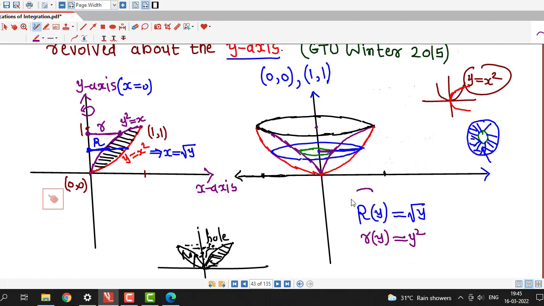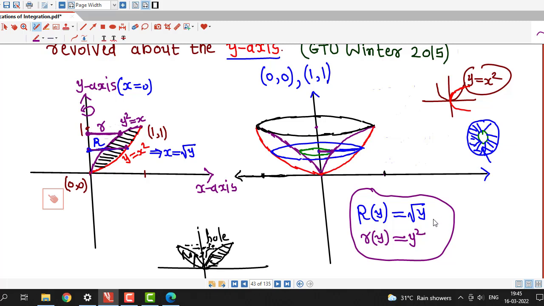So we have to decide these two things. These two things are the main ones, and you can decide them from the plane region only. The outer radius is the distance between the axis of rotation and the curve to the right side. Here y equal to x square is the curve to the right side, and the inner radius is this distance from this point to this point.